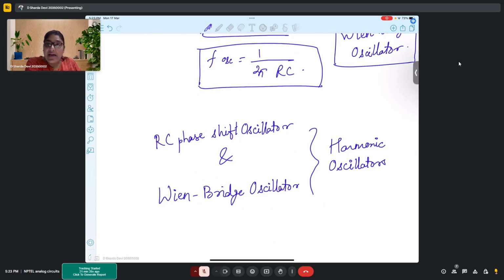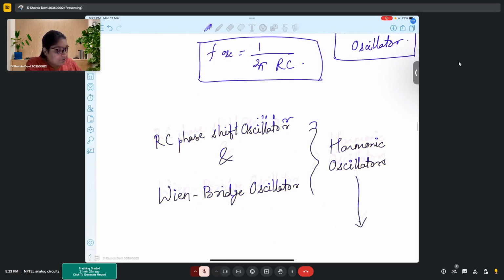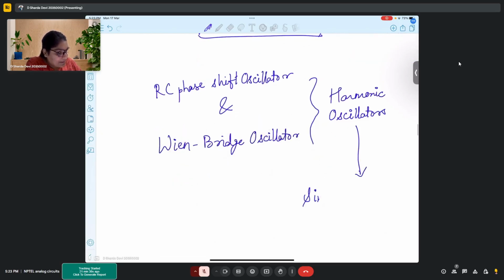What do we mean by harmonic oscillators? They provide us sine waves, sine wave generators. Sine wave means sinusoidal wave generators, right? So these are harmonic oscillators.